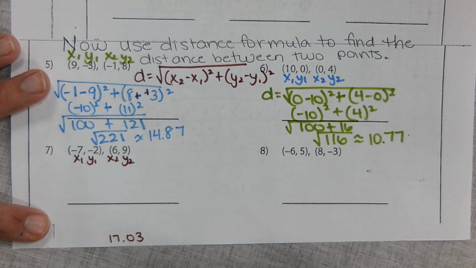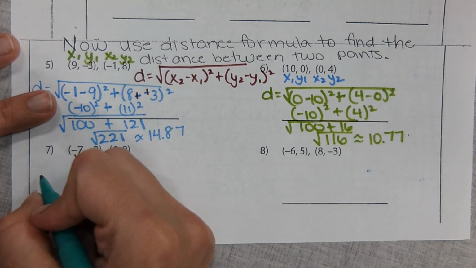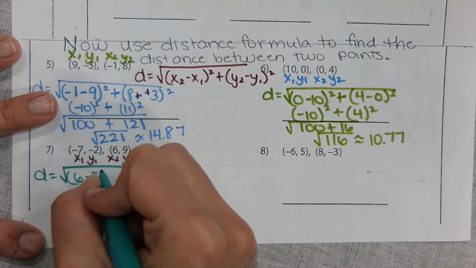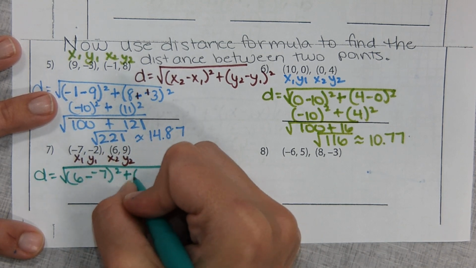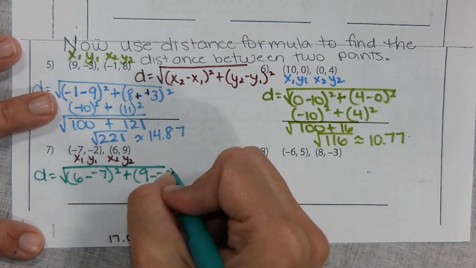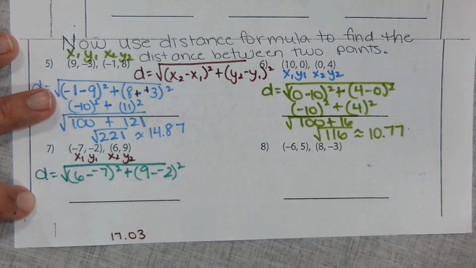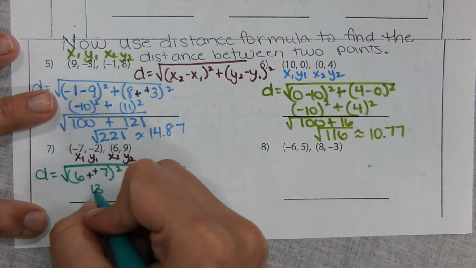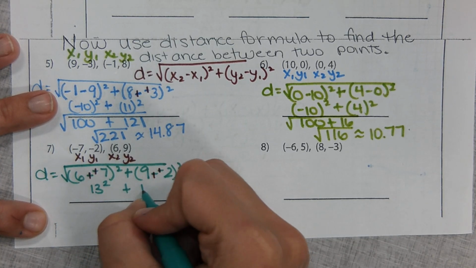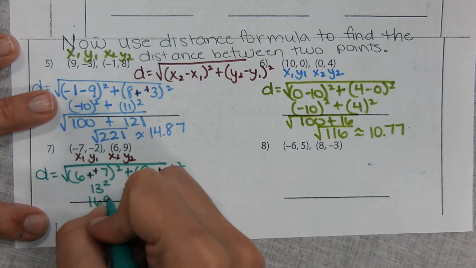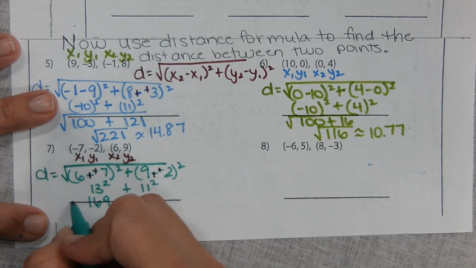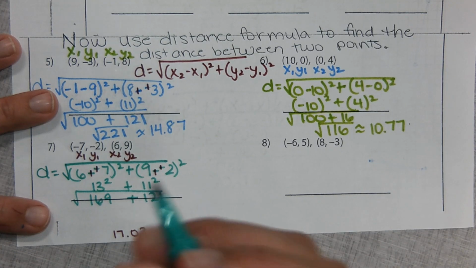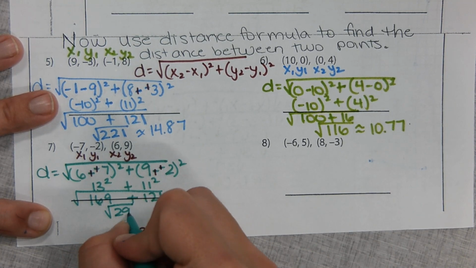Okay, plugging this in, distance equals square root of x2 minus x1 squared plus y2 minus y1 squared. 169 plus 121 is 290.